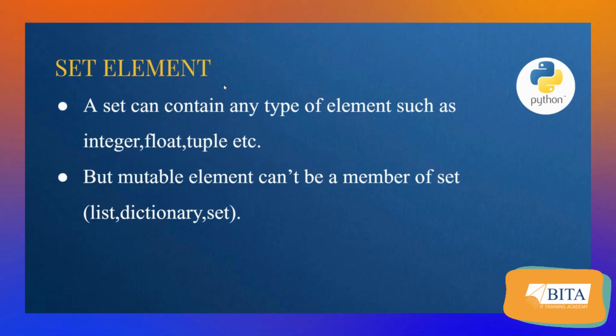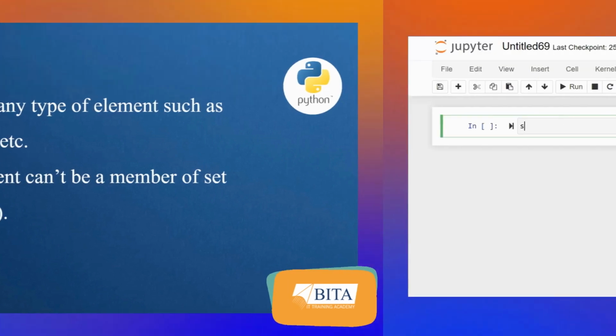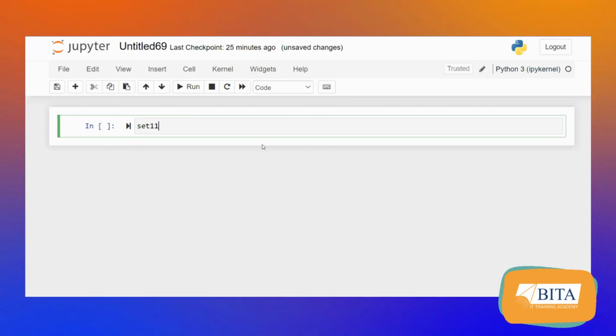Let's see with an example. We'll create a set first by using the curly bracket method. Welcome, Delta, 6, 1.89.